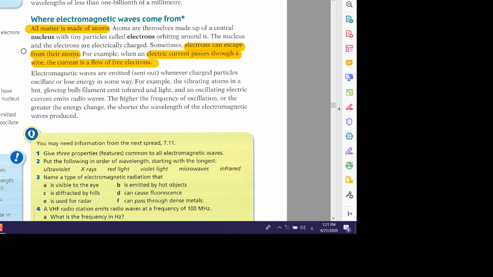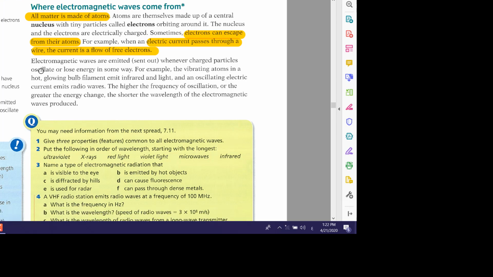Now, how is this related to electromagnetic waves? Electromagnetic waves are emitted or sent out whenever charged particles oscillate. So let's take an example, a bulb. When electricity passes through the bulb, what will happen?